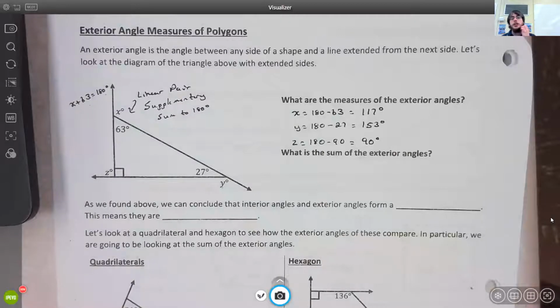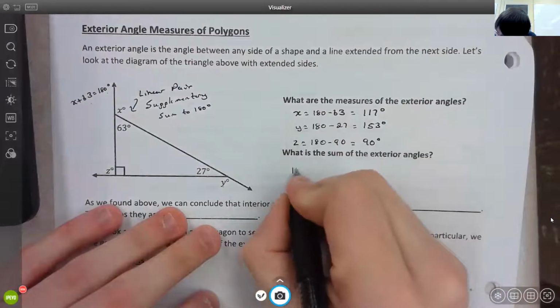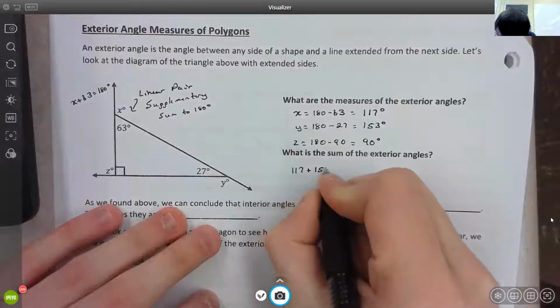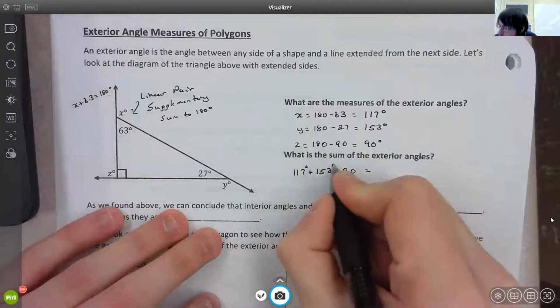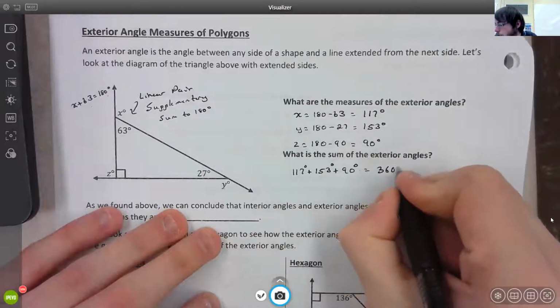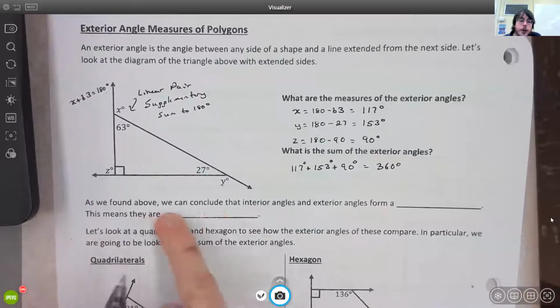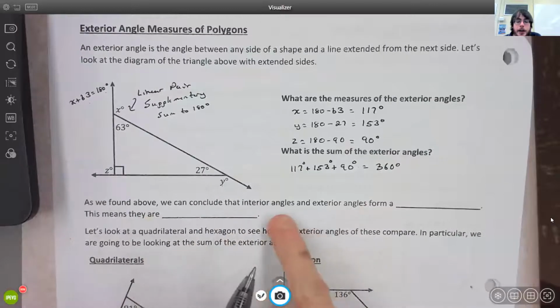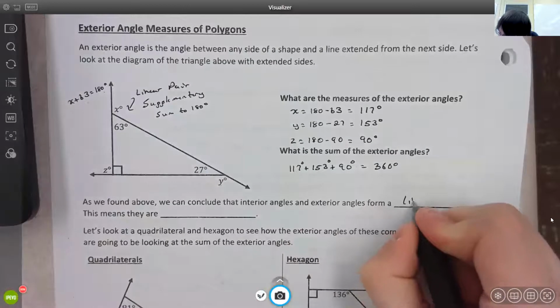Now, it wants to know what the sum of the exterior angles is. When we add x, y, and z together, we get 117 plus 153 plus 90. If you type that in the calculator, you end up with 360 degrees for the sum of the exterior angles. So, as we found above, we can conclude that interior angles and exterior angles form a linear pair.